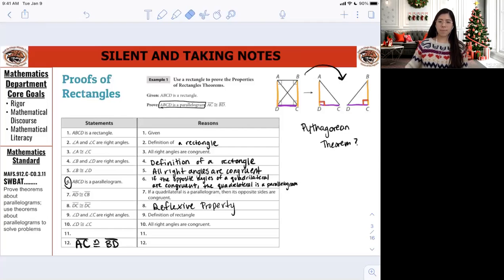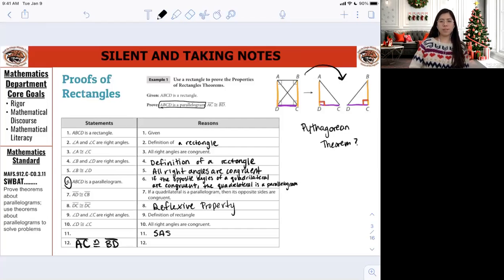Jalen is suggesting that maybe we use a congruence theorem. Jalen's on the right track. SAS? SAS or ASA? I think it's SAS because we have the side AD, side BC, the angle D, and then DC. Yeah, SAS for sure.